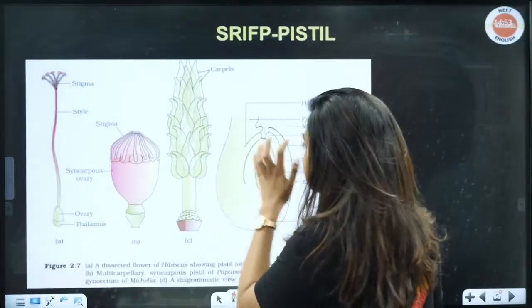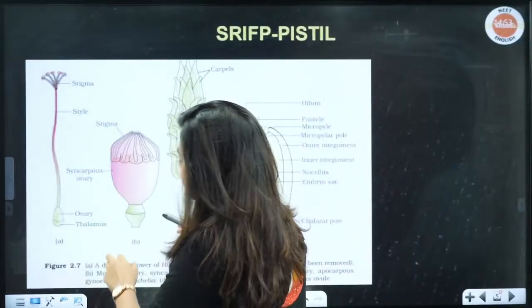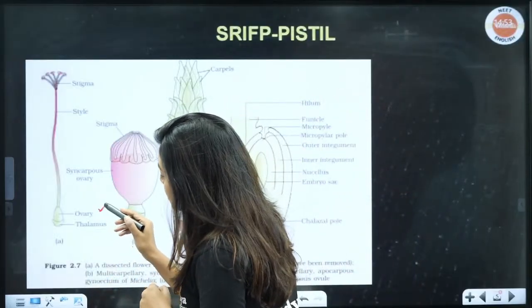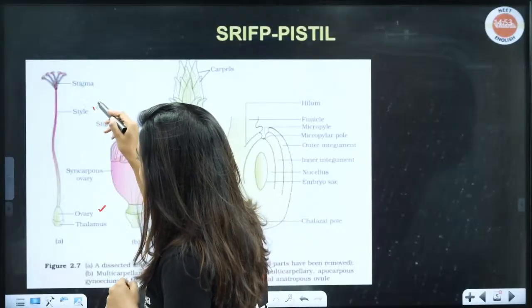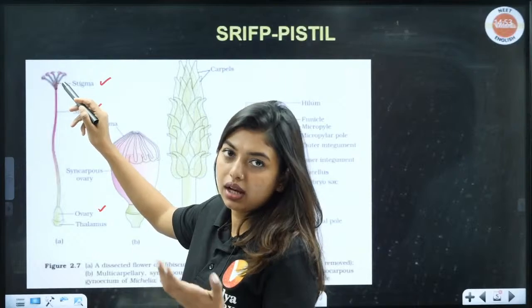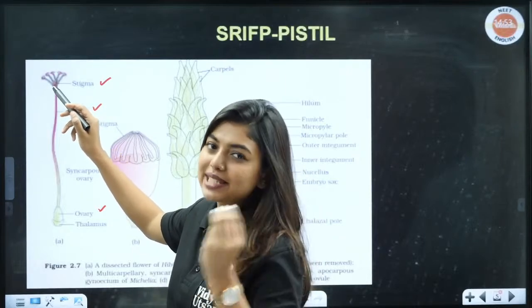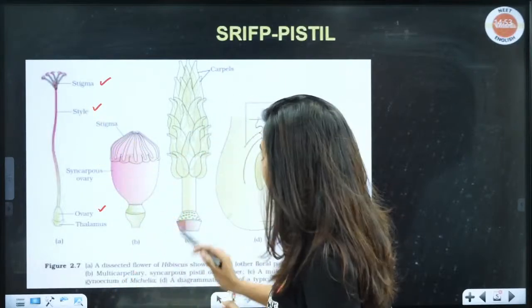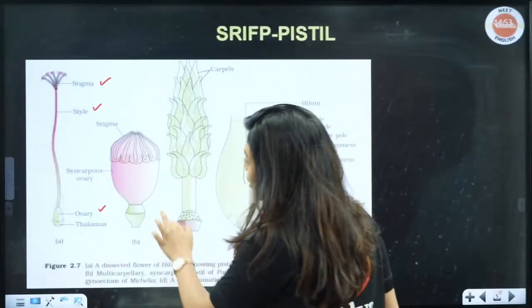So you'll notice, students, different diagrams I've given. All of you can see the thalamus, above that you can see the ovary, then the style, and then the stigma. All of you would have seen the stigma in your hibiscus plant. Now look at this option B, this is syncarpous.